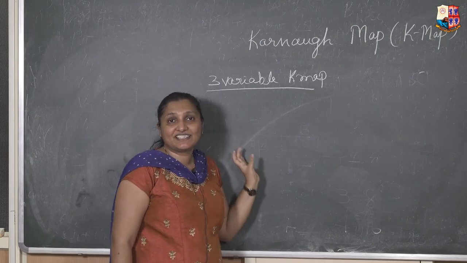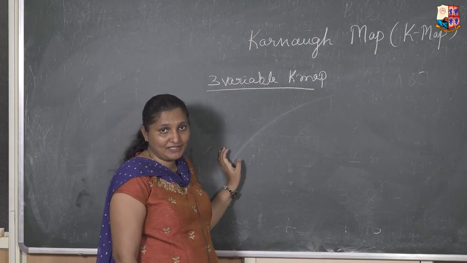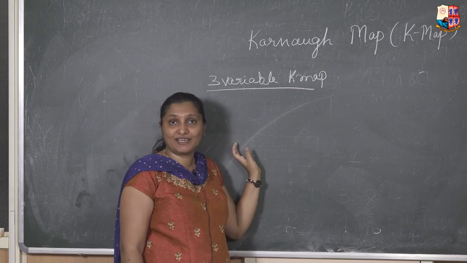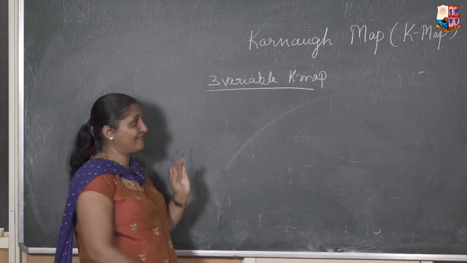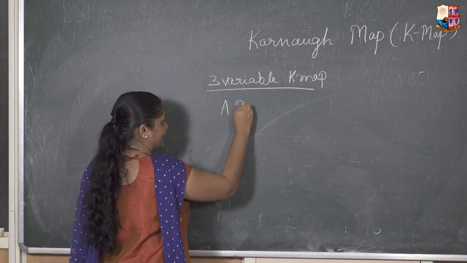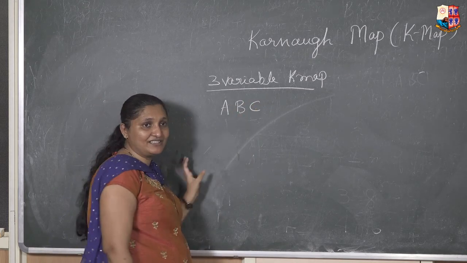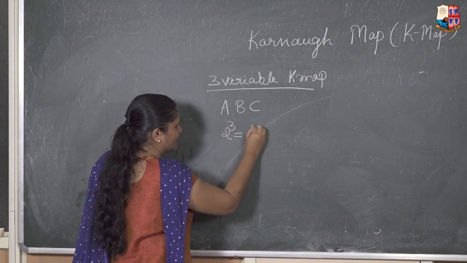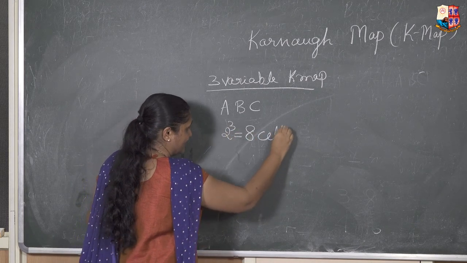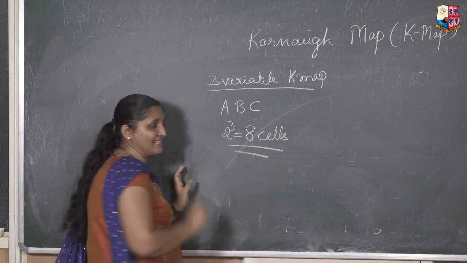Let's consider a three variable K-map and how the K-map graph will look. Since there are three variables A, B, C, 2 power 3 means we will have 8 cells.